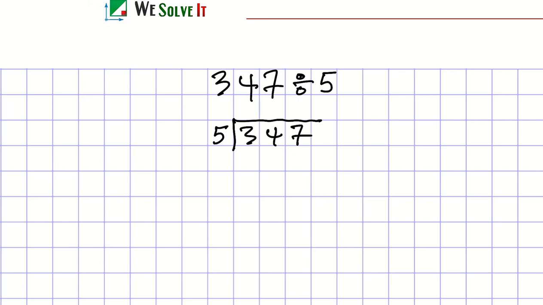Now 5 divided into 3, it can't go. So I like to do my stuff a little different than other people, because I want to keep it simple. So 3 divided by 5, it won't go. You put the 0 on top of 3 right there, and then you say 0 times 5 is 0.